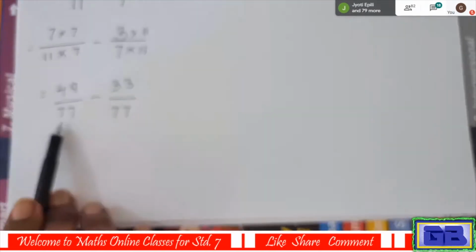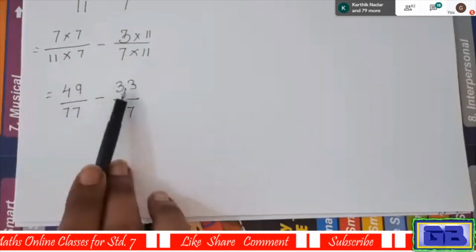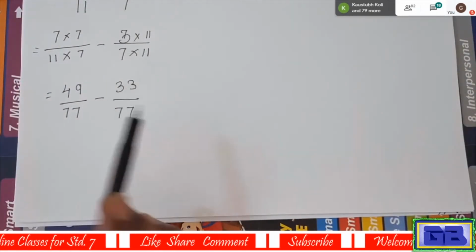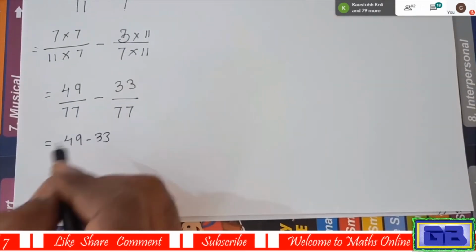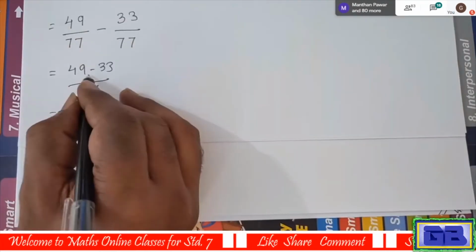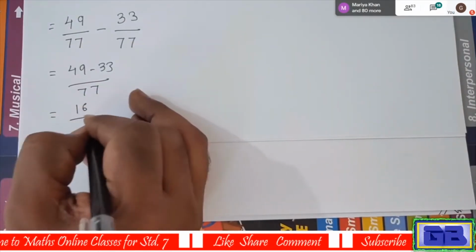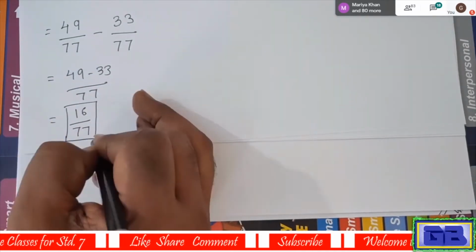As we have equal denominators, we can subtract the numerators. So 49 minus 33 upon 77. 49 minus 33 is 16 and the denominator as it is, 77. Draw a box around it.